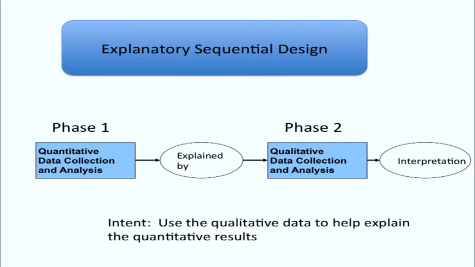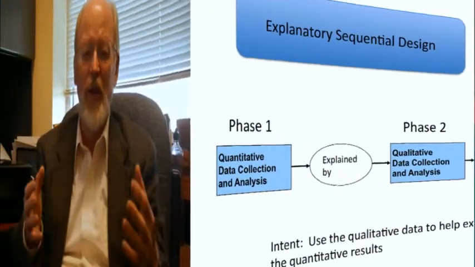When you actually talk to people in the second phase, qualitatively, you can understand your survey results a little bit better. So the intent of this design is to use the qualitative data to help explain the quantitative results.